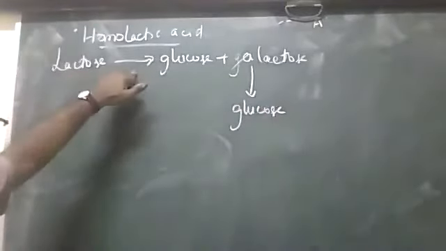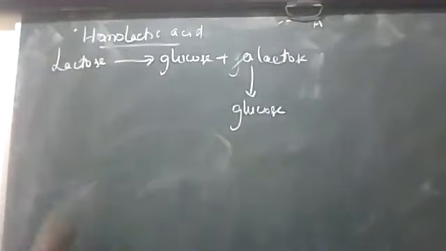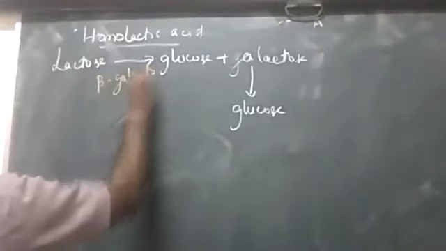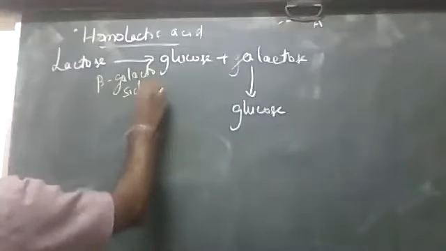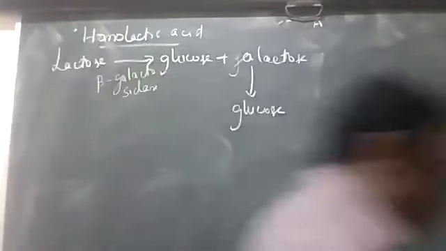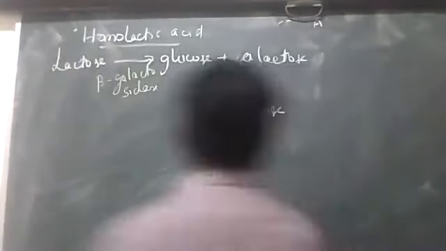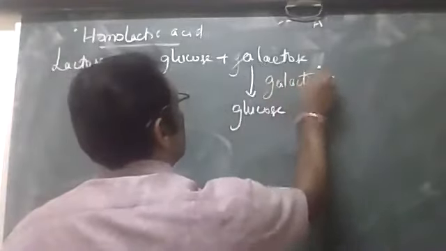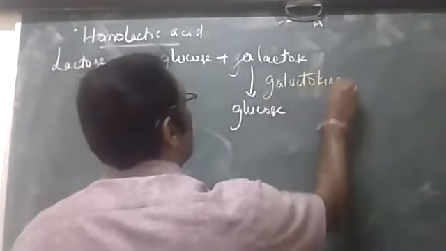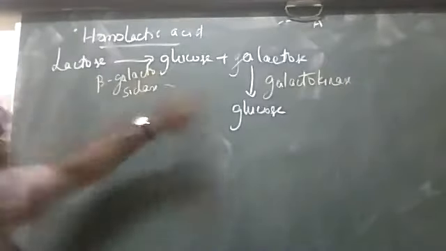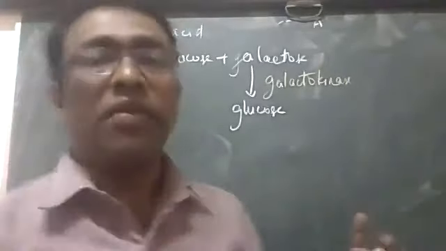Here the enzyme is beta galactosidase. All of you write this down: beta galactosidase. That will help in converting this. And here it is galactokinase. Anyway, we get glucose. That's the beginning of the topic.